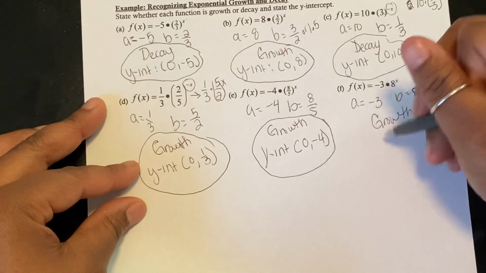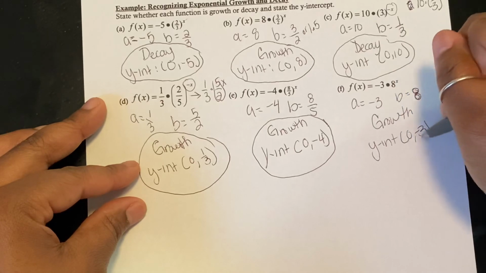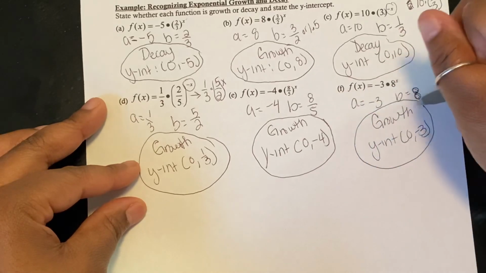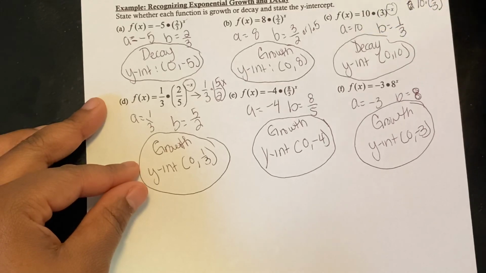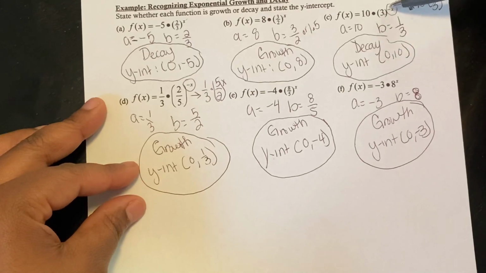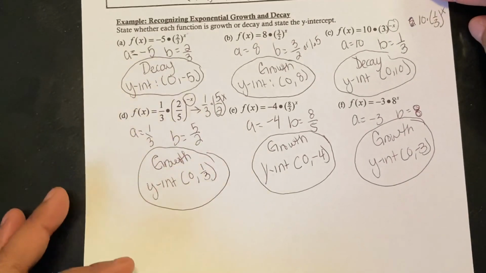And my y-intercept is going to be (0, -3). Okay. So ladies and gentlemen, your a and your b tell you a lot. You don't have to graph it to know if it's a growth or decay, but what you do need to make sure you figure out is if the exponent is negative, you have to flip the b value and then determine whether it's a growth or decay.